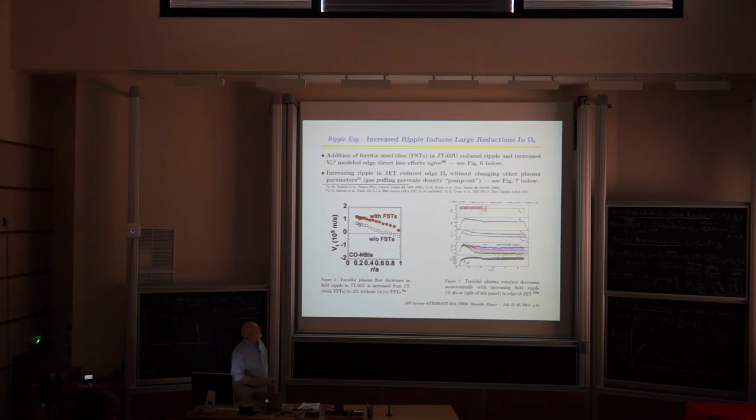So here's the toroidal rotation profile in the JT-60U experiment as a function of radius. And basically it happens to be in this, I'm confused about something, but anyway, they're in the opposite direction.